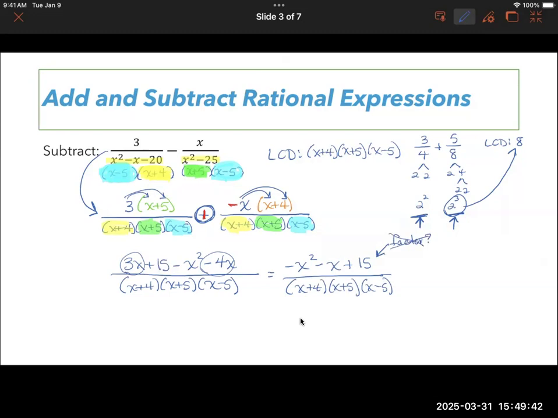And so this is our final answer. We do not need to expand the denominator. Just leave it in factored form. So negative x squared minus x plus 15 over x plus 4 times x plus 5 times x minus 5 is our final answer.